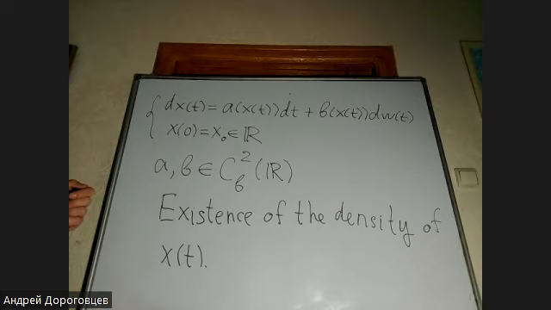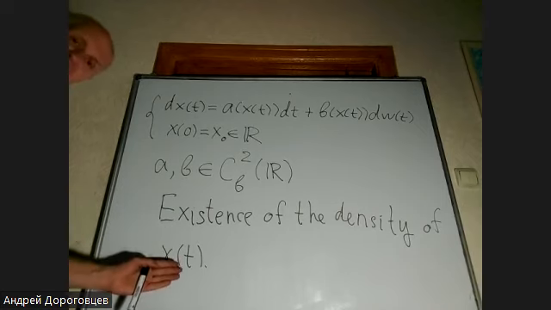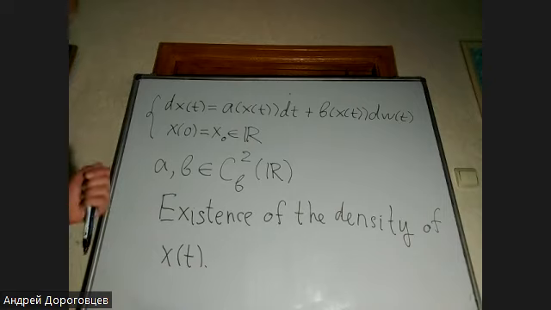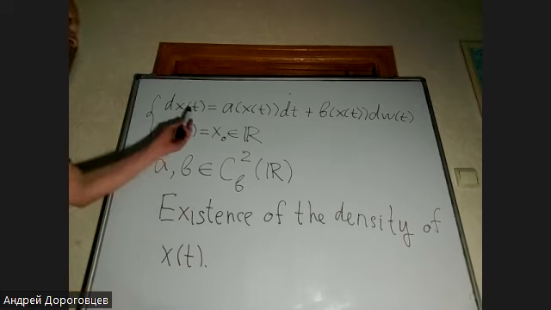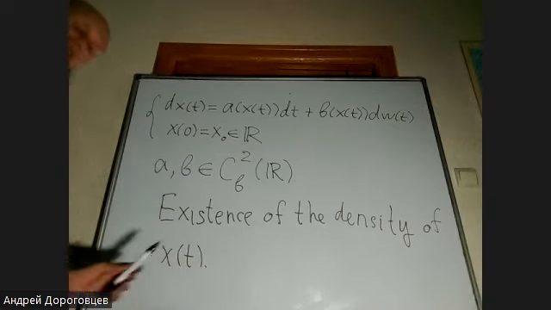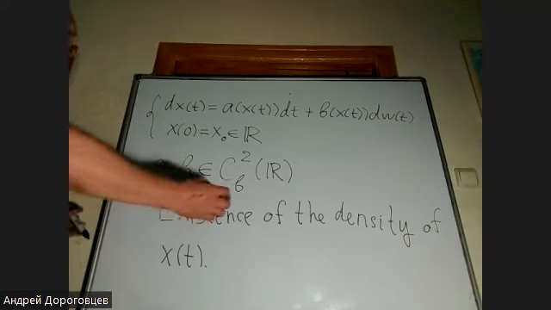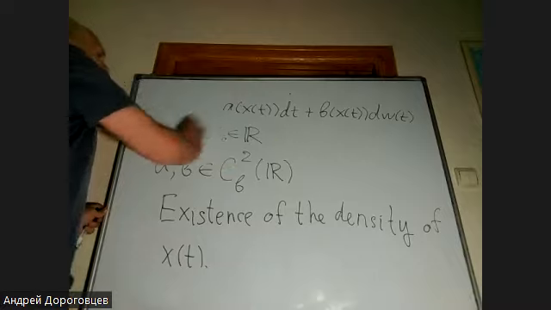Let us proceed as follows. Let us try to connect existence of the density of this random variable with the properties of its stochastic derivative. To do this, let us begin with the general situation when I will substitute this solution to the Cauchy problem X_t by some arbitrary random variable. So let's start from the following simple lemma.